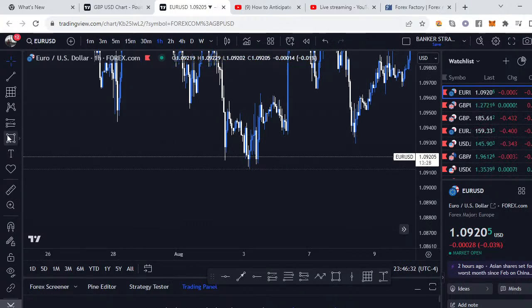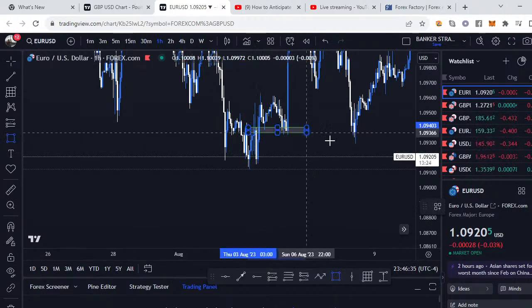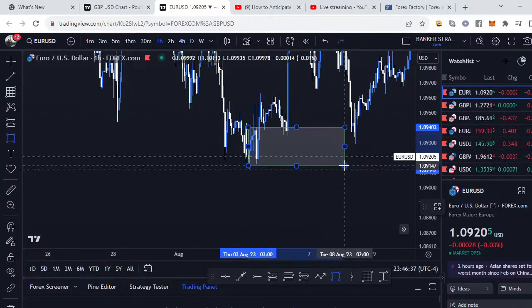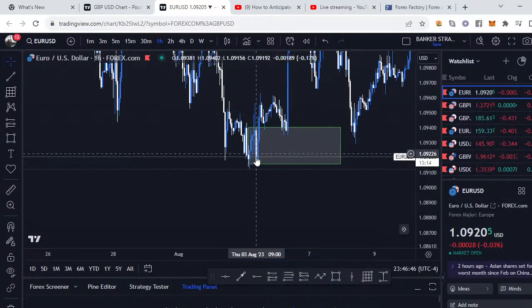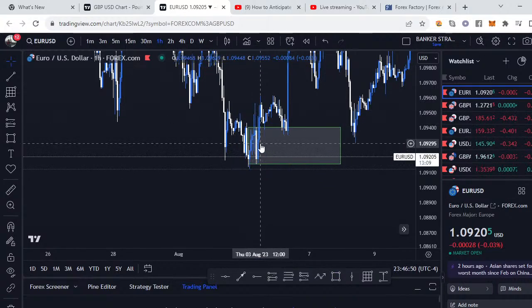This right here is an order block. This white candle, which is the down candle before the up move.